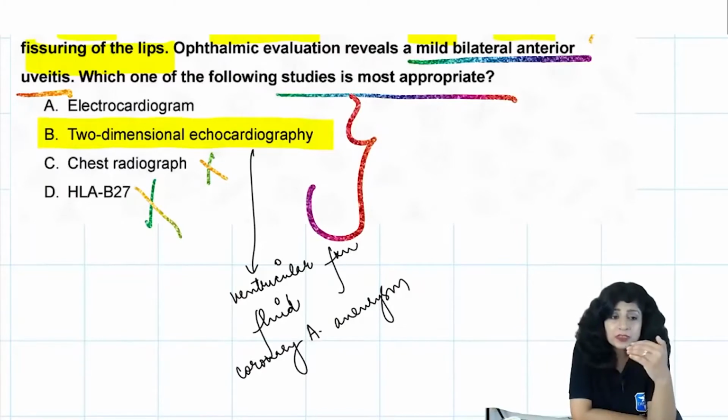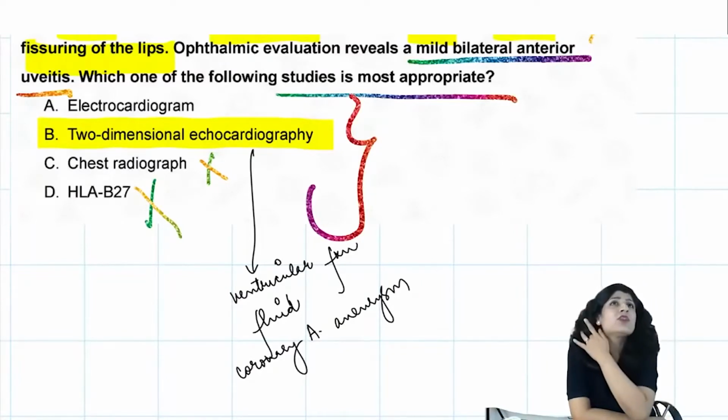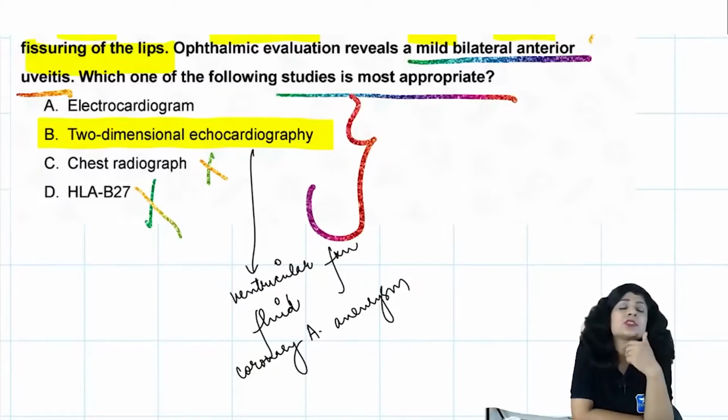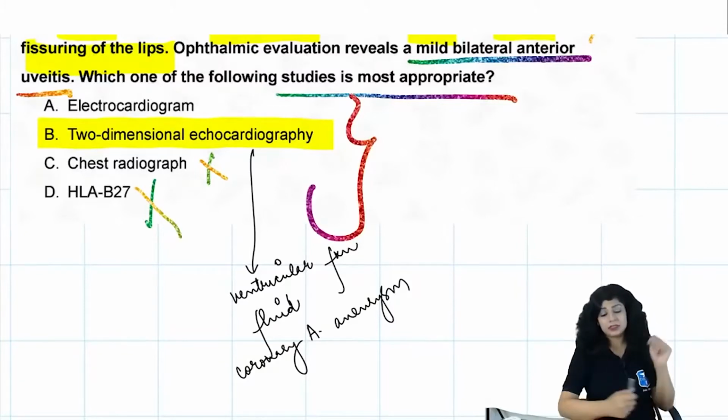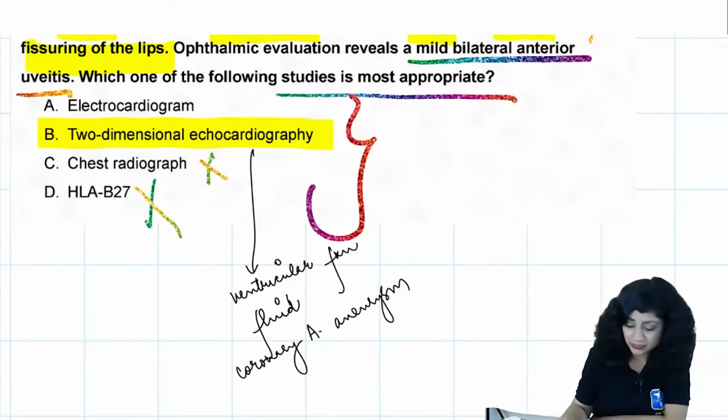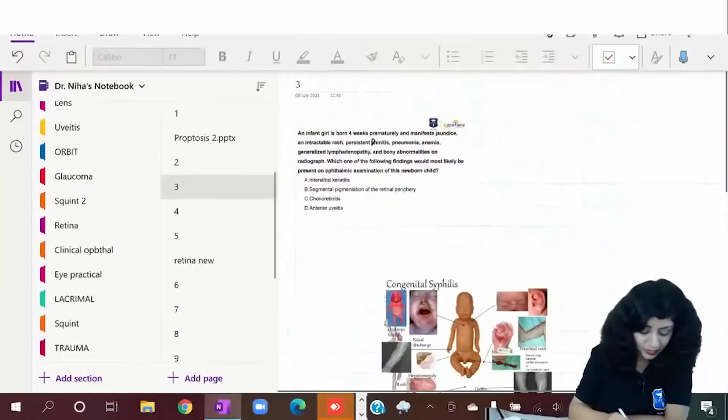There were only 6 or 7 questions of ophthalmology, but I have gone through them, and after proper research I came to this conclusion that they are asking about the systemic involvement. That is why I am talking about these systemic things, right? All right.